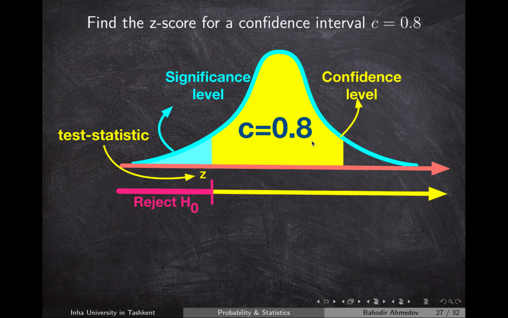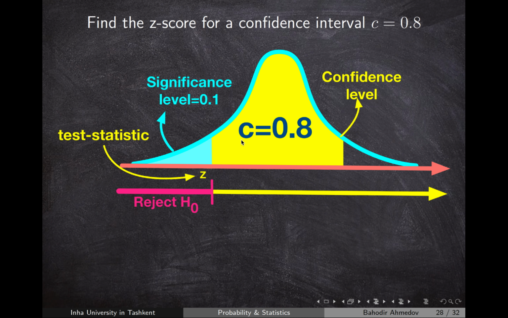So we know that if the area in the middle is 0.8, then the areas on the tails are going to be 0.1, since the total area under this curve should be equal to 1. So this is going to be 0.1 here, 0.8 here, and 0.1 here.